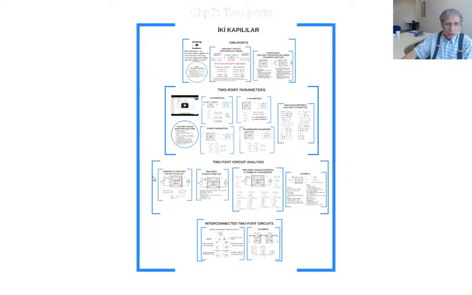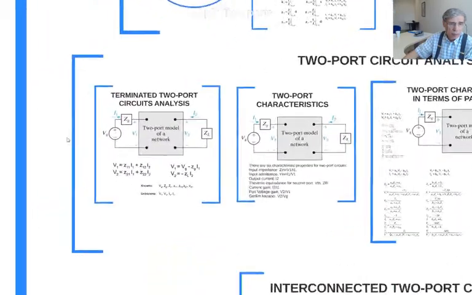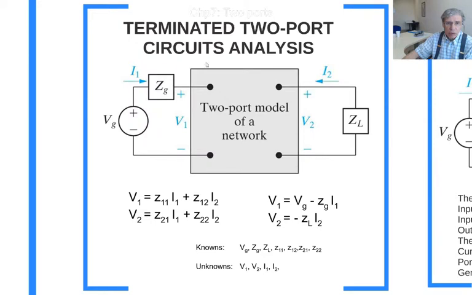Now the next step, we will be examining two-port circuit analysis by using the mathematical models, the definition relation of two ports, and how we can analyze a circuit which includes that two-port circuit in it. So we know the definition relation of this, let's say the Z parameters of this two-port circuit.